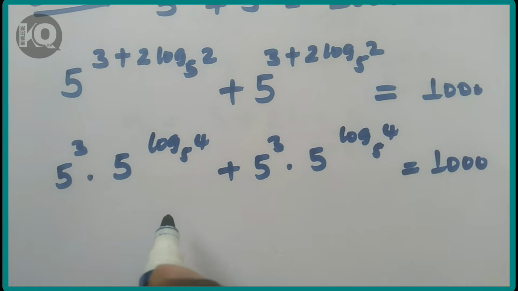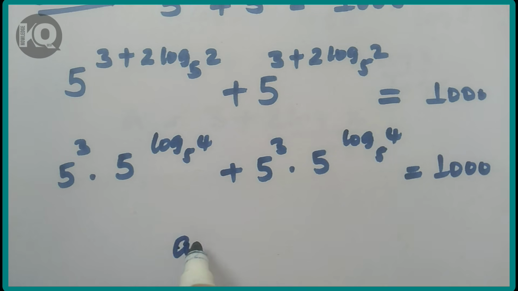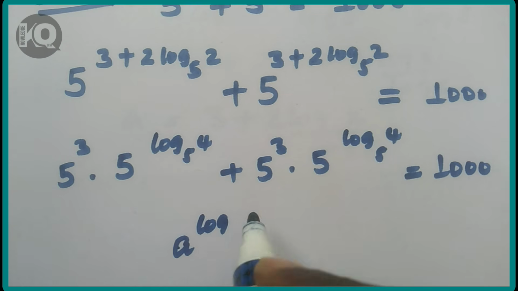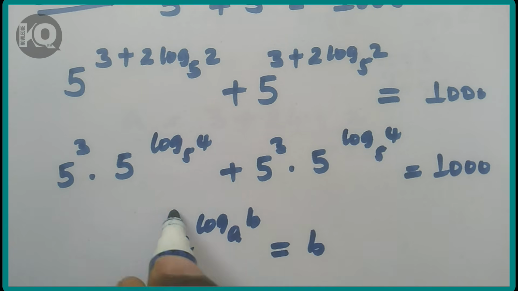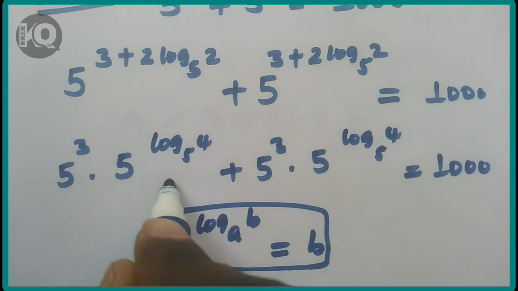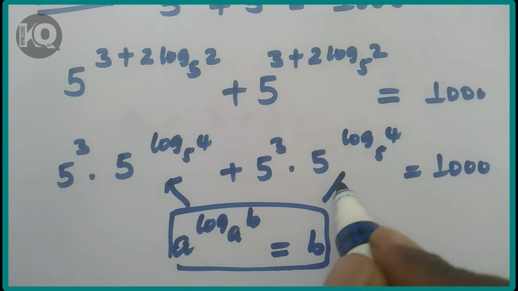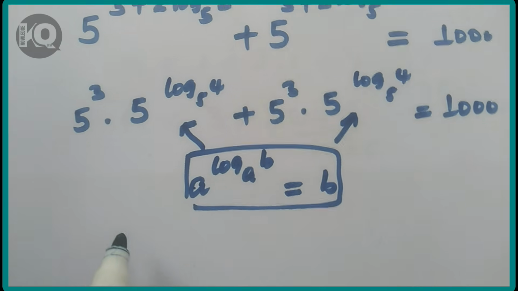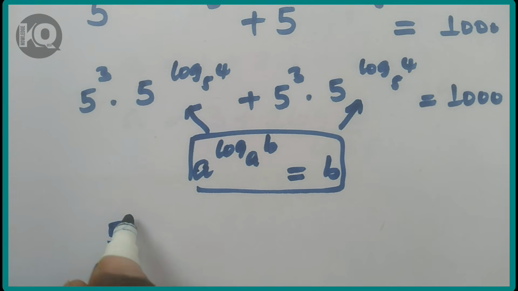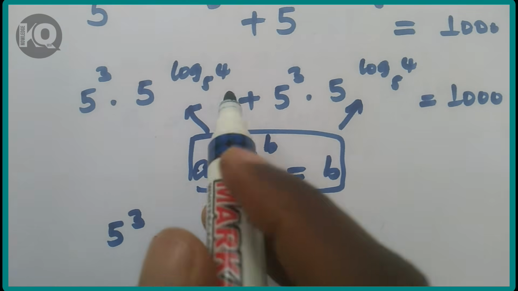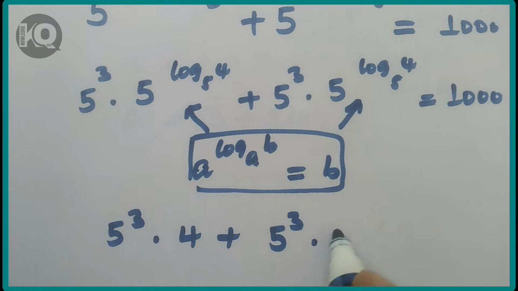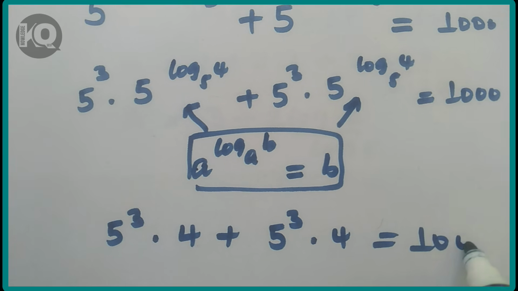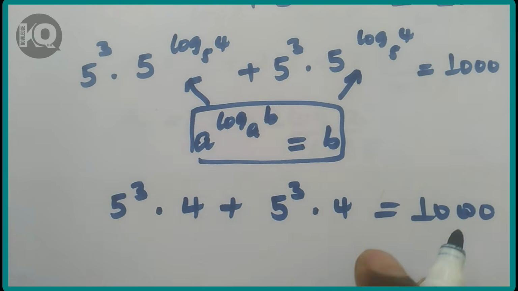So from the rule of logarithm, a to the power of log of b to the base a is always b. So applying this rule to this term and also to this term, 5 to the power of 3 times 4 plus 5 to the power of 3 times 4 is equal to 1000.